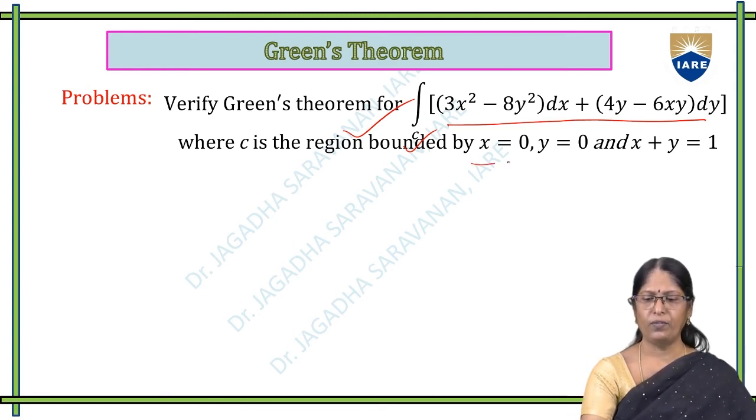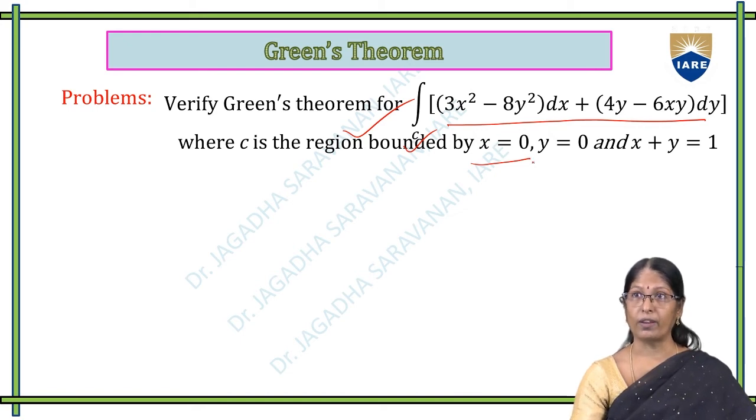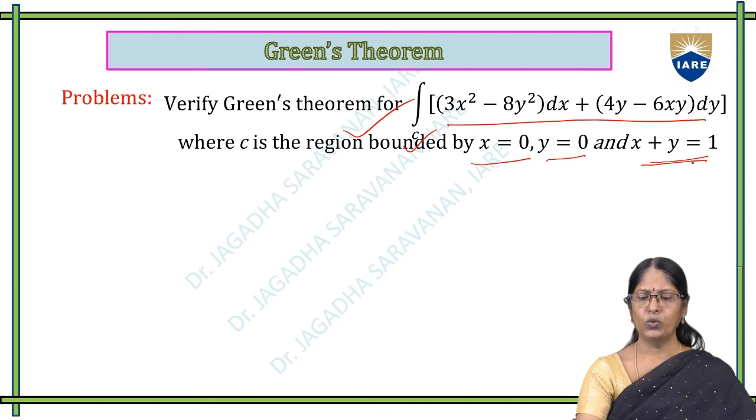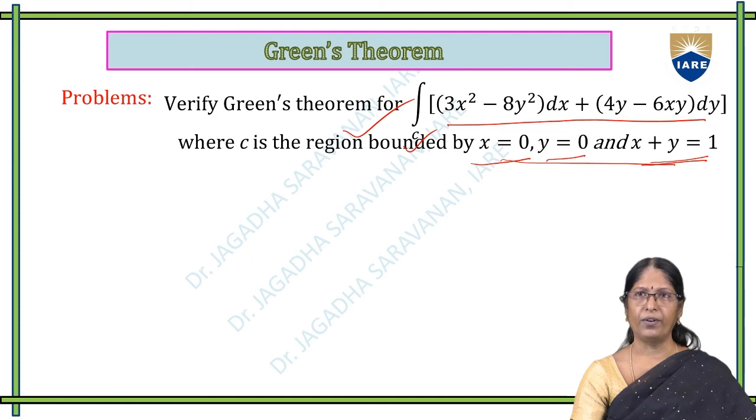X goes from 0 to one given equation, y from 0 to another given equation. With the help of this bounded region we have to draw the diagram, with the same function, find the limits, and the left side of Green's theorem formula should equal the right side, then Green's theorem is verified.